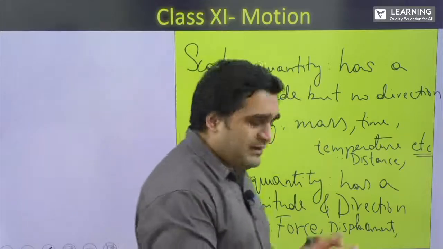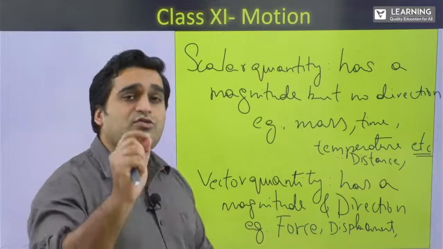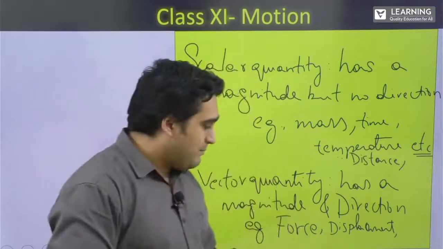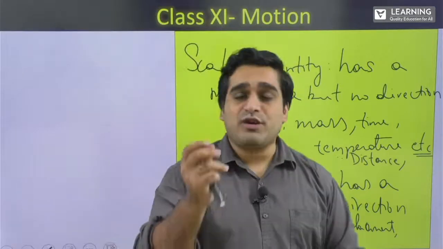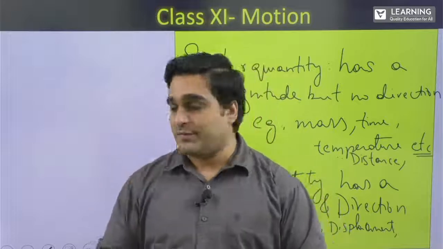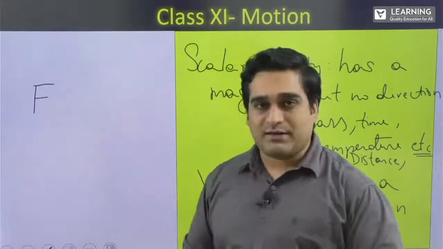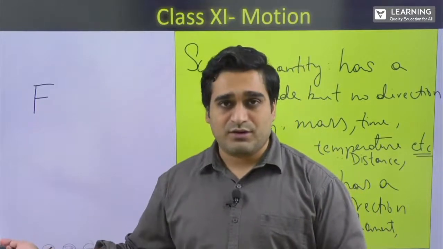Now, first of all, let us discuss a little more about vector quantity, as to how to represent a given vector quantity. One example I used is force. So how do we denote a force as a vector? Force is usually represented by a capital letter F. How different is it from a scalar quantity?